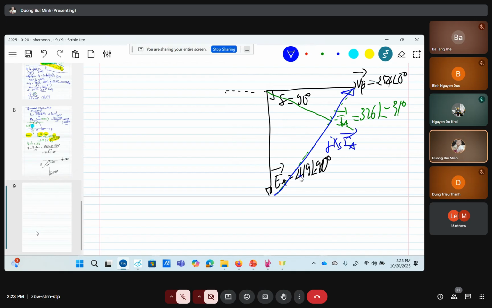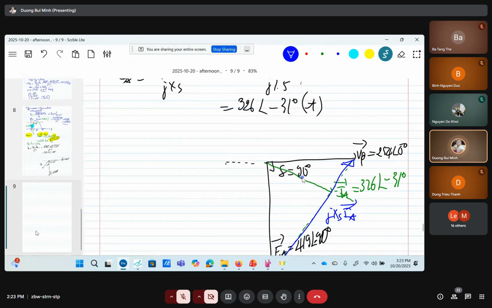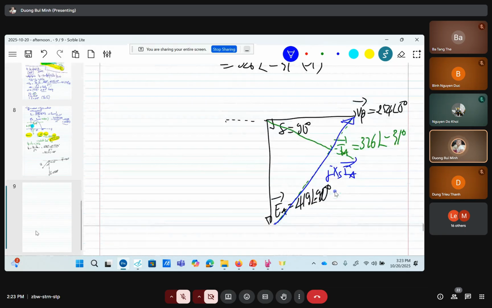Now we have more Q, right? Yes, because this one is proportional to Q, so more Q.